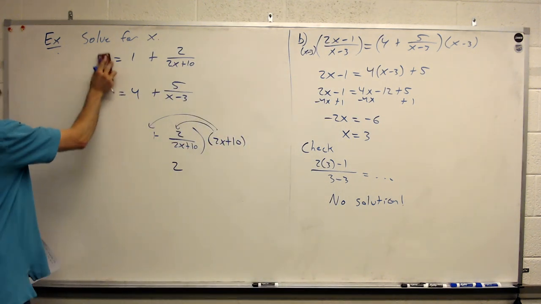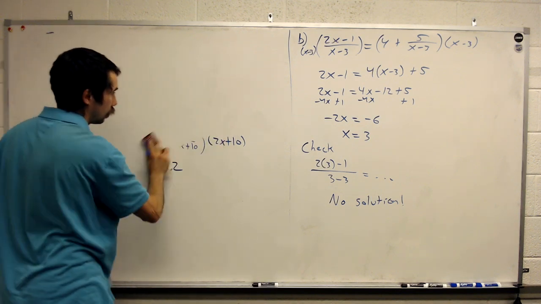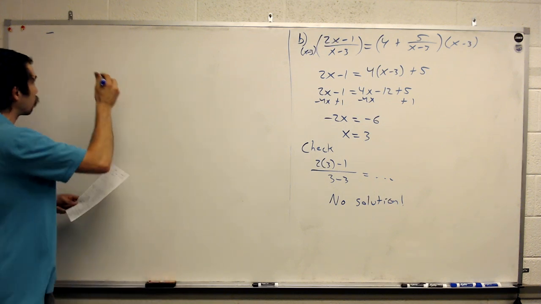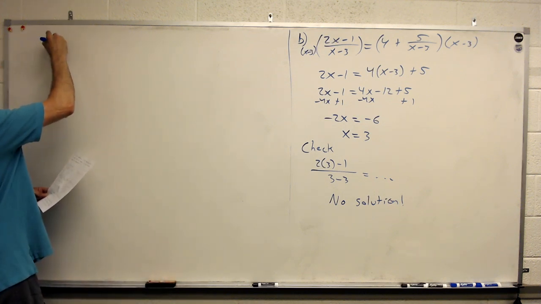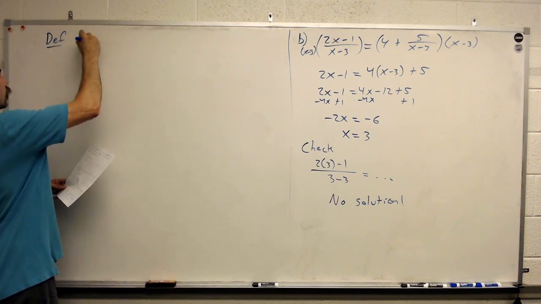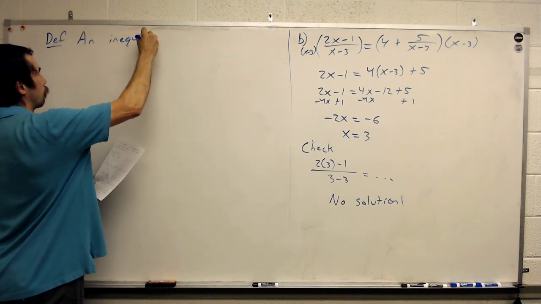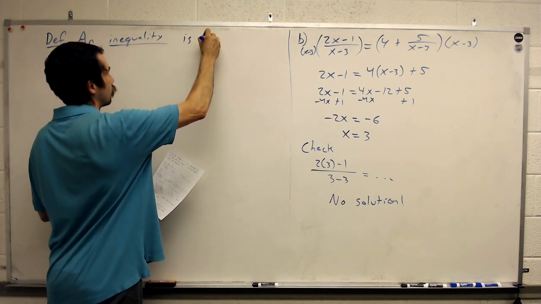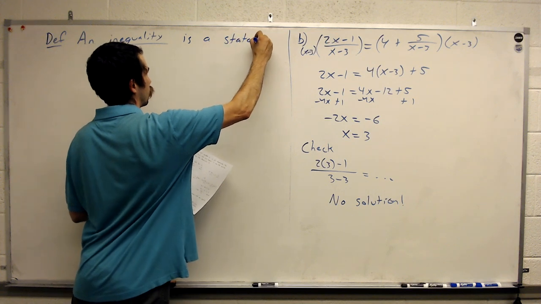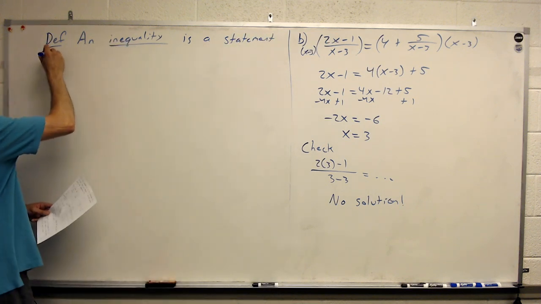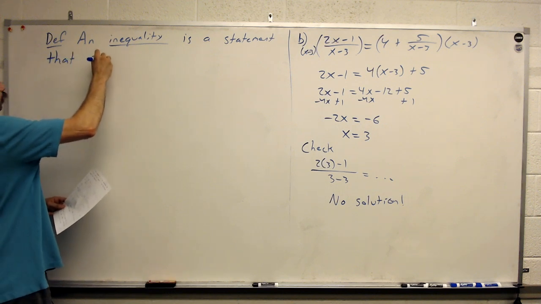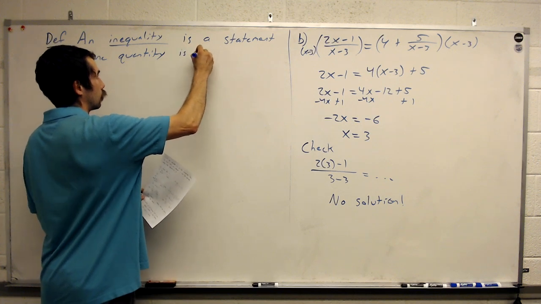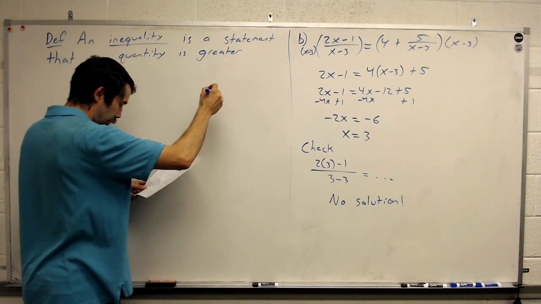So we're going to be solving a lot of equations, but another type of problem we could look at is inequalities. So let's define what an inequality is. An inequality is a statement that one quantity is greater than another.